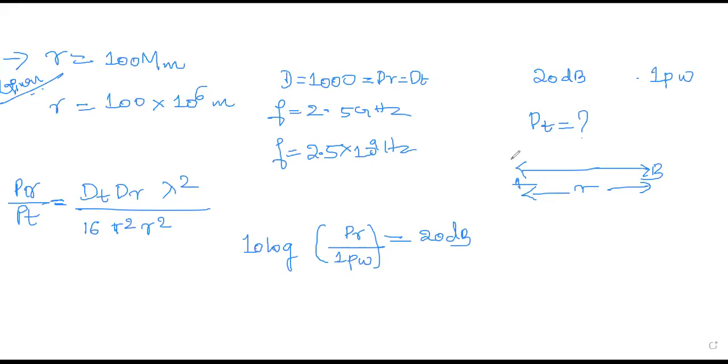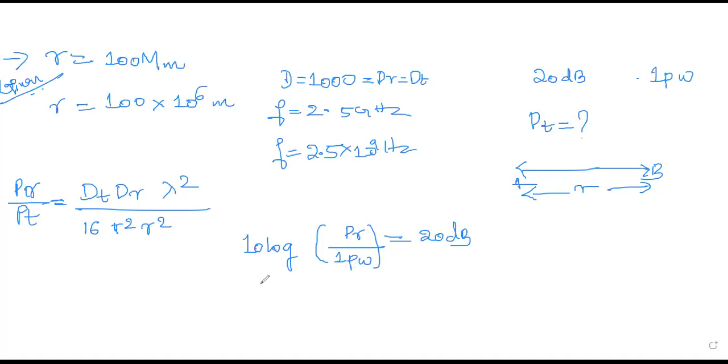The question says craft A receiver requires 20 dB over 1 picowatt. Now you have to convert it into a normal value. Since we are finding with respect to the receiver, it requires 20 dB over 1 picowatt, which is nothing but PR by 1 picowatt.